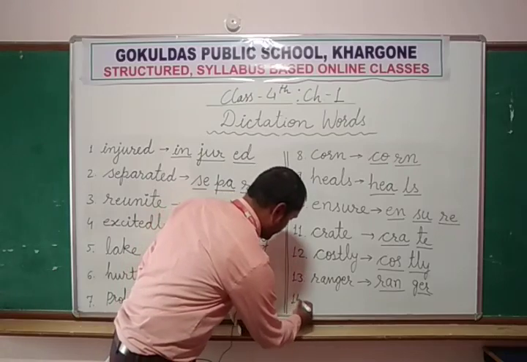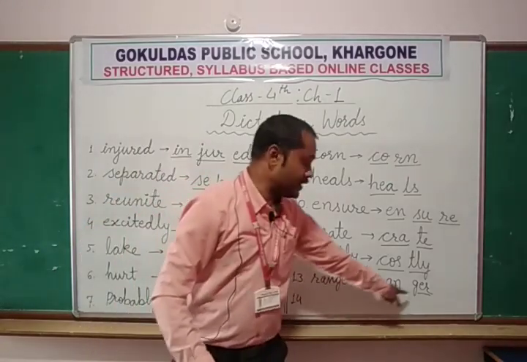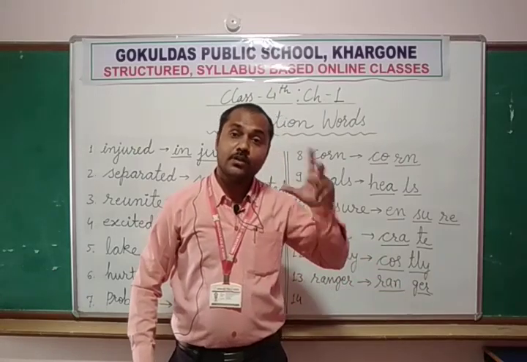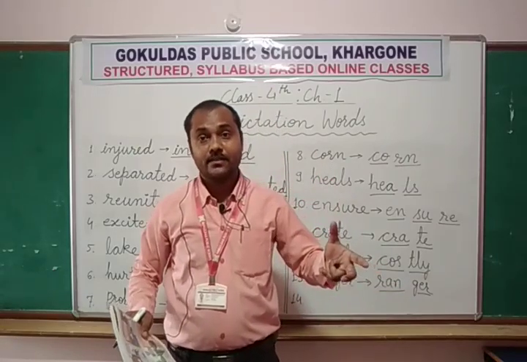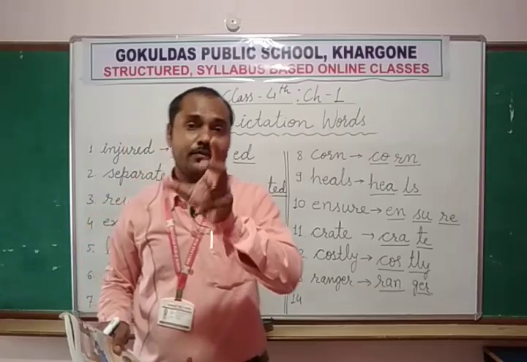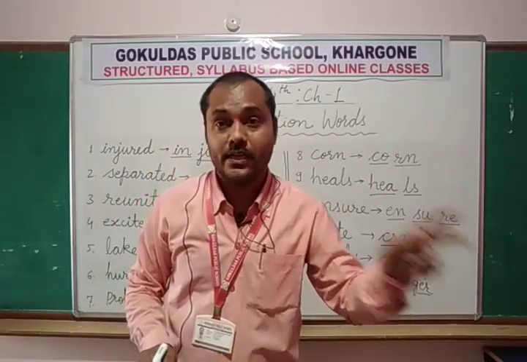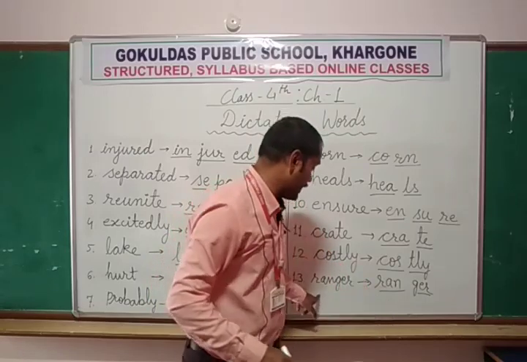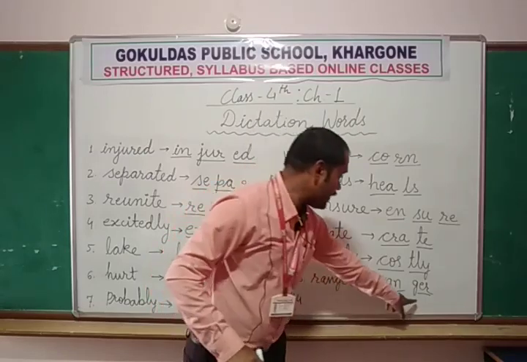Ranger. Why are we dividing these words into small parts? We are trying to learn the long spellings easily. That's why we divide them into small syllables. How many syllables do we have in this word ranger? Two syllables, one and two.